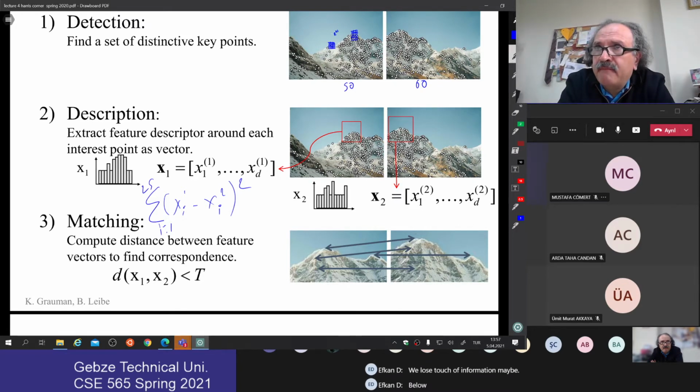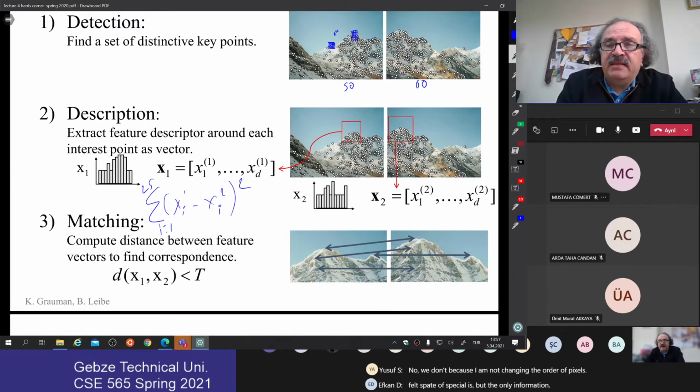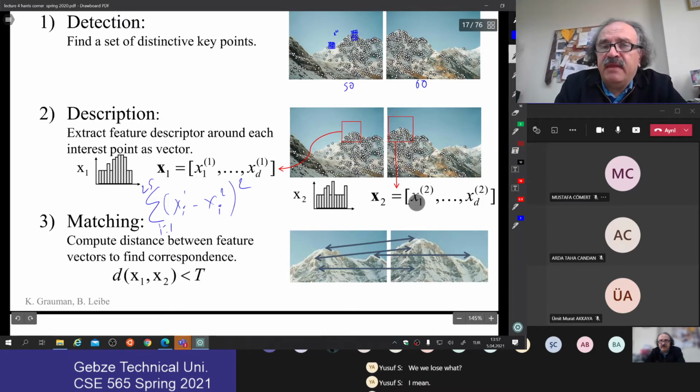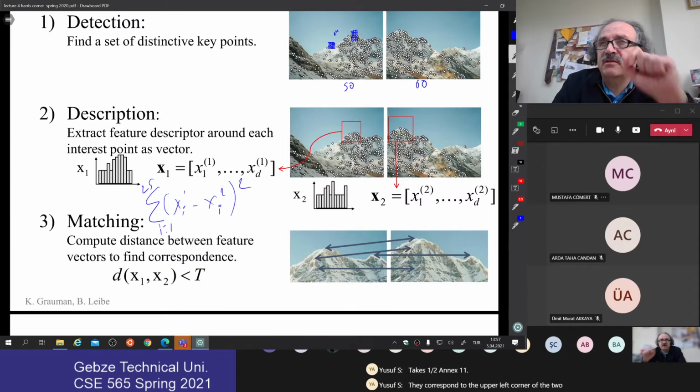Spatial information. No, we don't, because I am not changing the order of pixels. I mean, x12 and x11 correspond to the upper left corner of the 5 by 5 region.